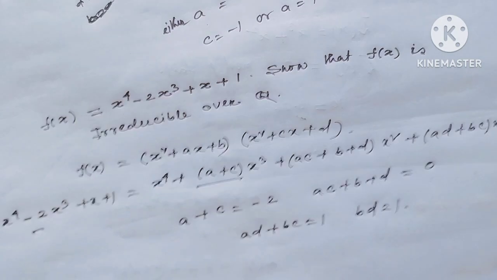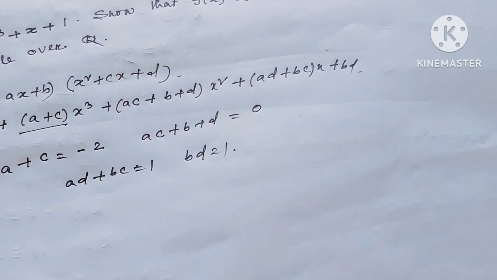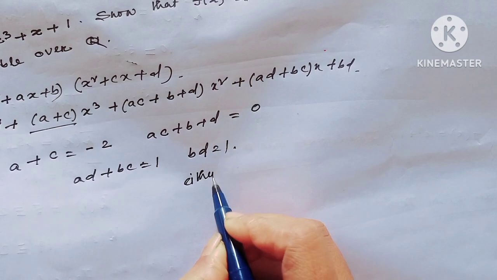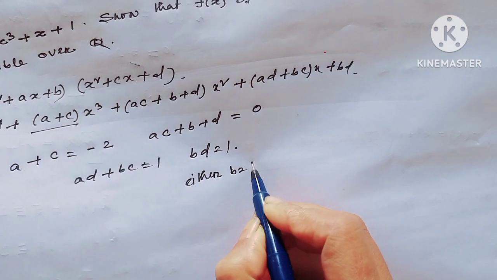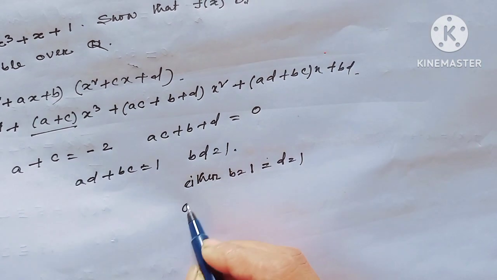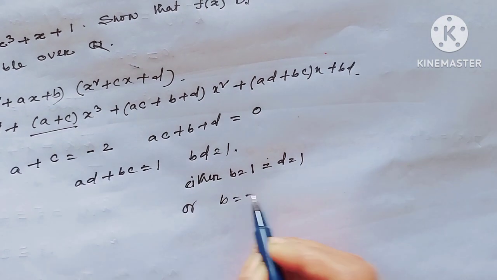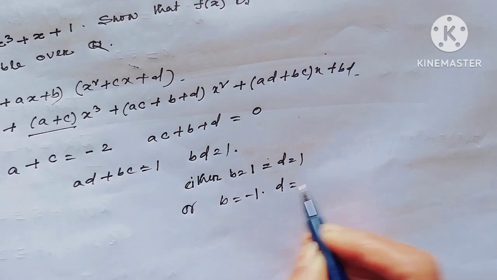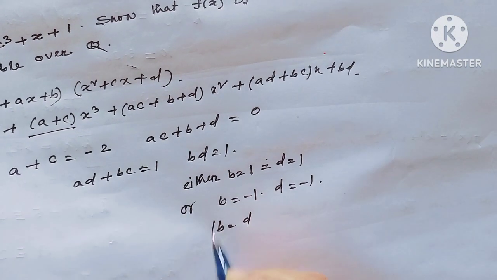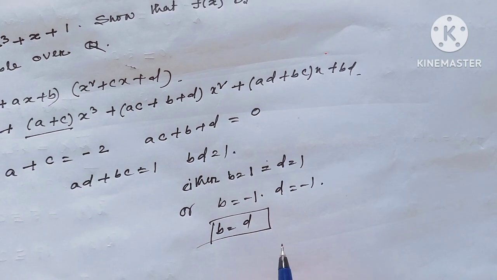Since bd equals 1, that implies either b equal to 1 and d equal to 1, or b equal to minus 1 and d equal to minus 1. That means in both cases b equals d.